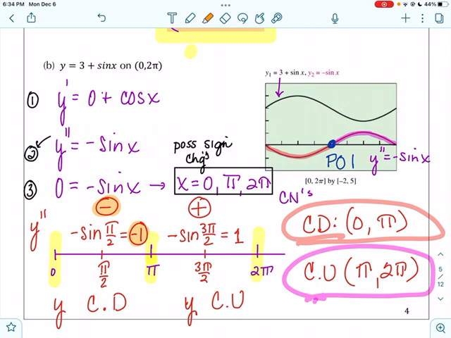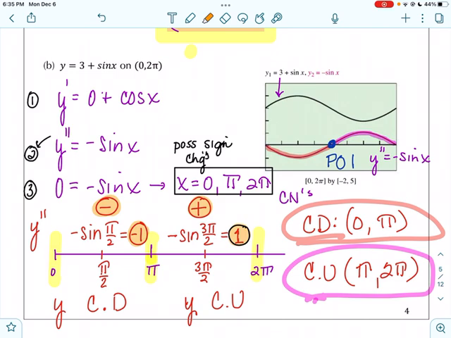Then, in addition to that, we have a test point of 3 pi over 2. When we plug that in, we get the negative of negative 1, which is then going to be positive, so y double prime is positive on the interval from pi to 2 pi.